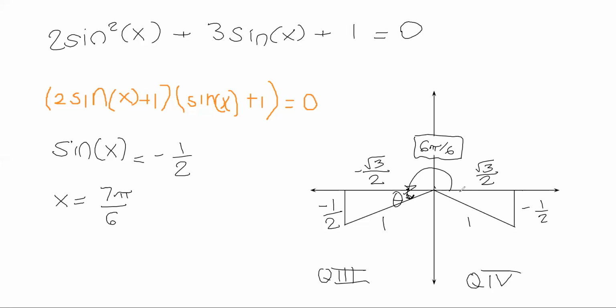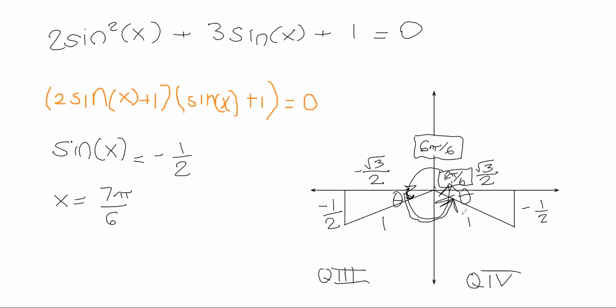So the question is, what angle is this? We can approach it the same way we did the last one. We know that 1 full revolution would be 12 pi over 6. So if 1 full revolution is 12 pi over 6, what's it going to be if we go not quite 1 full revolution?